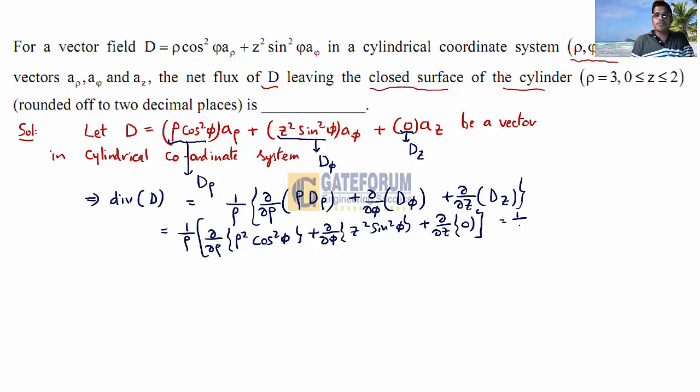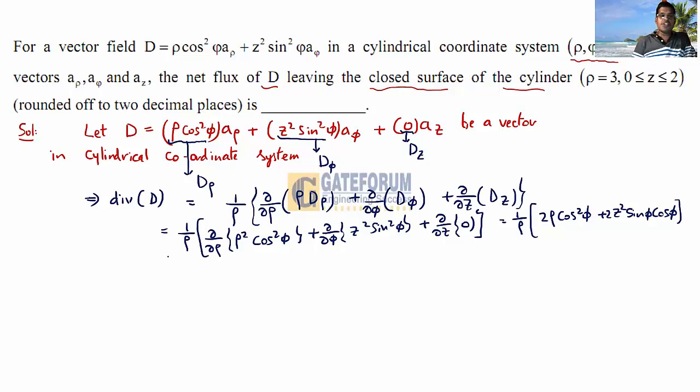So this is 1 by rho into... With respect to rho, phi is constant; with respect to phi, z is constant. So this simplifies to 2 rho cos square phi plus z square times 2 sin phi cos phi, since the derivative of sin square phi with respect to phi is 2 sin phi cos phi, and dou by dou z of 0 is 0.